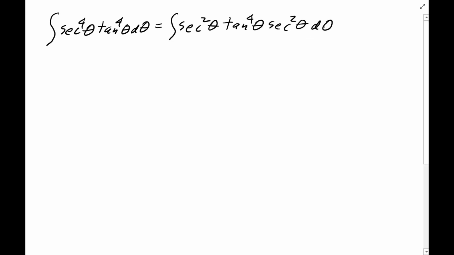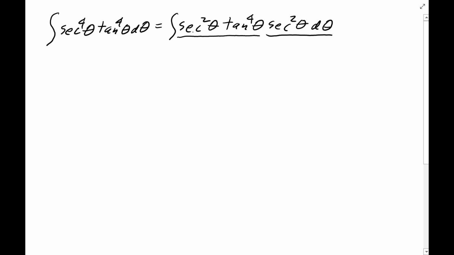So again, this secant squared is going to be the derivative of our substitution. And if that's the derivative of our substitution, what is w going to be? Well, w is going to be the tangent. So we want everything up here in terms of tangents.